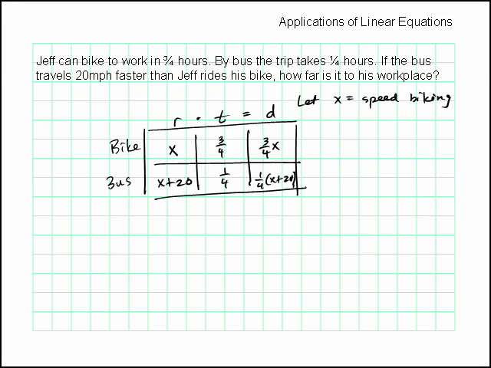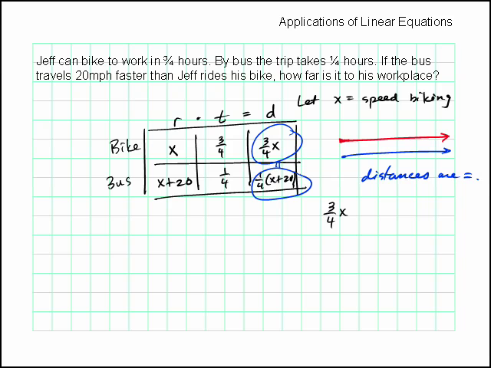Now in the last problem we added the distances, but that's not what we have here, because whether Jeff rides his bike or takes the bus to work, the distances are equal. We don't add them together here. We set them equal to each other, because both of those represent the distance to work. So the equation I want to solve is 3/4 x equals 1/4 times x plus 20.